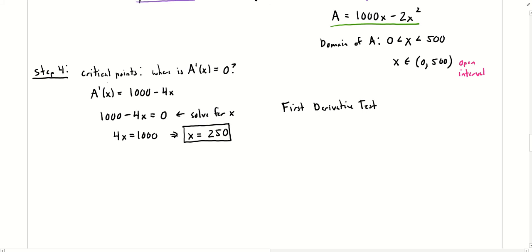So by the first derivative test, what I'm going to do is just visualize this. I'm going to draw a little number line here. My critical point is at x equals 250. And just like we've seen before with the first derivative test, this gives me a couple intervals of values, and I'm going to use those to determine the sign of my first derivative on either side of 250.